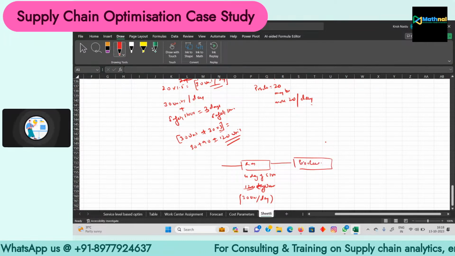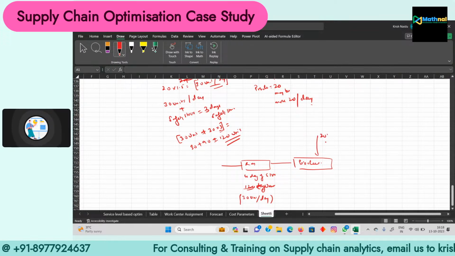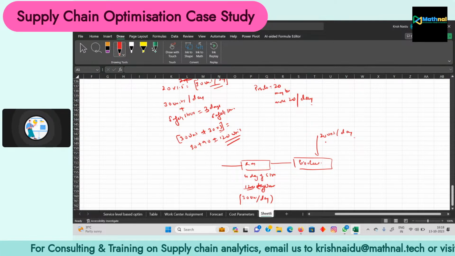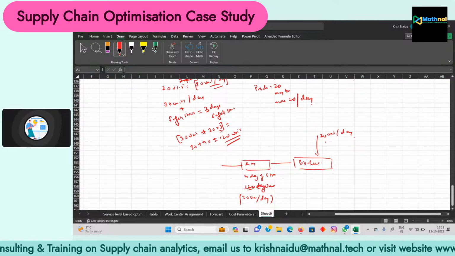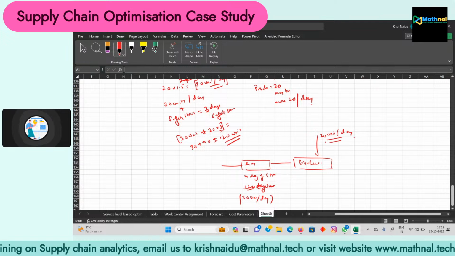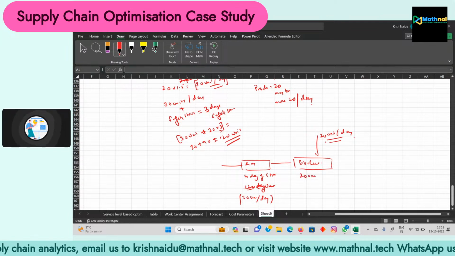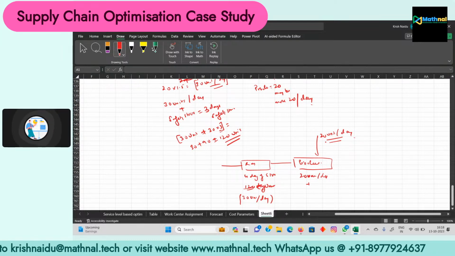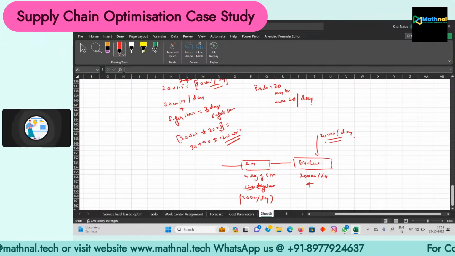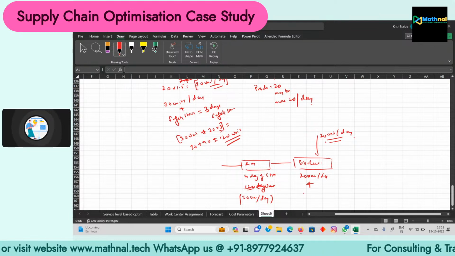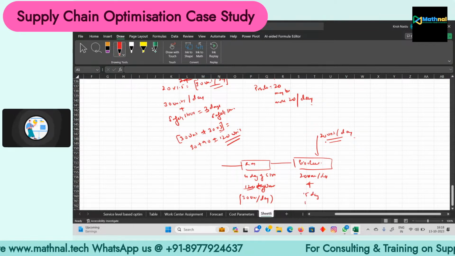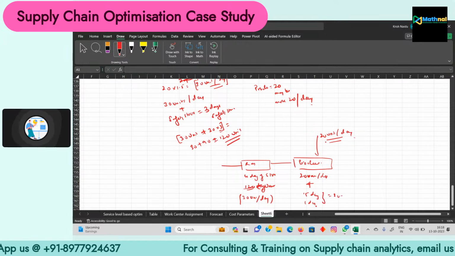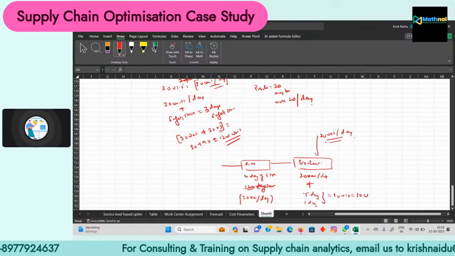In production, the forecast is 20 units per day. So what I'm doing is creating extra stock. Additionally, I can create either 0.5 day or 1 day additional stock. Let's say I choose 0.5 days additional. So 20 plus 10 equals 30 units.